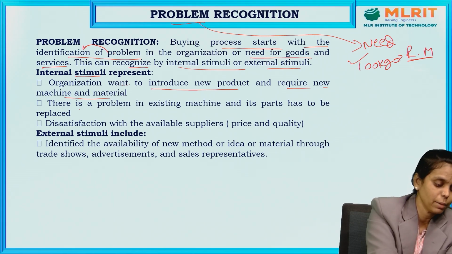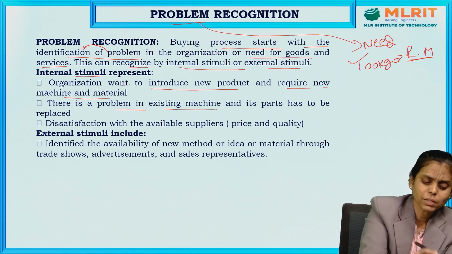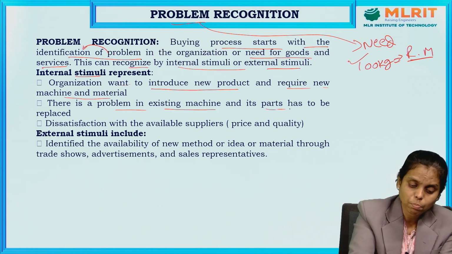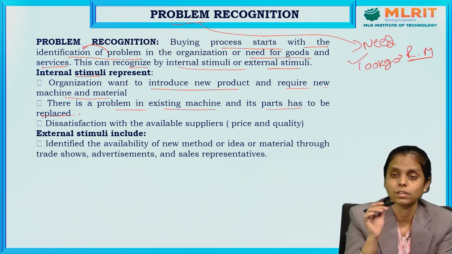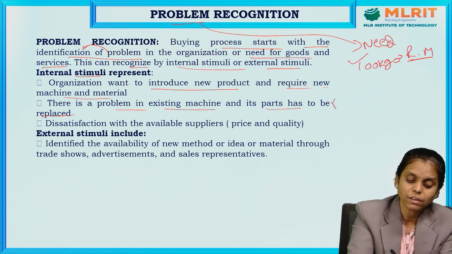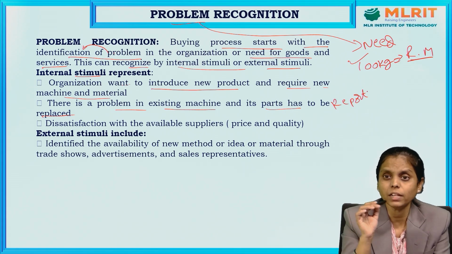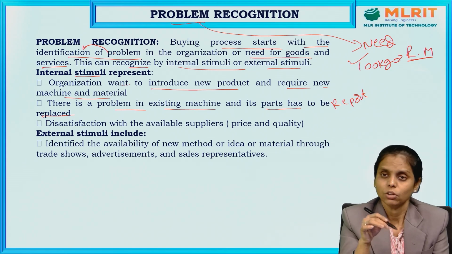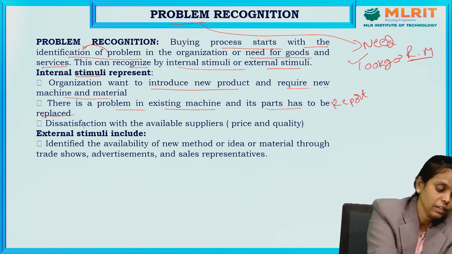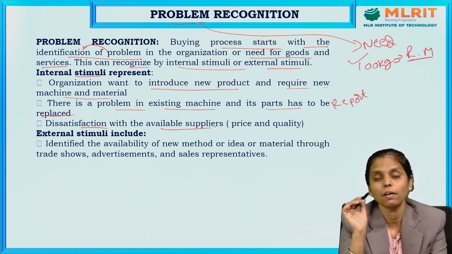The other element is a problem in the existing machine or existing materials that we have, where parts have to be replaced. There is a need for maintenance and repairs. Here also a problem is identified, so in that case also we go for purchase of a product. Or else we may be dissatisfied with the available suppliers.